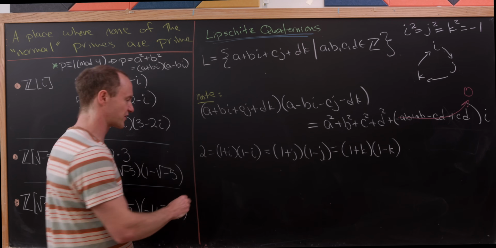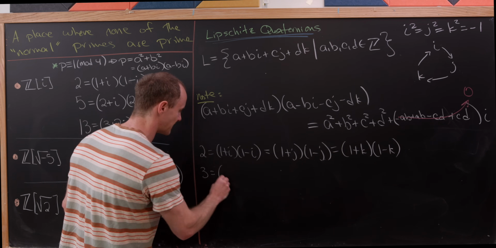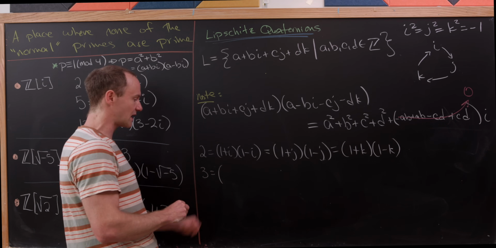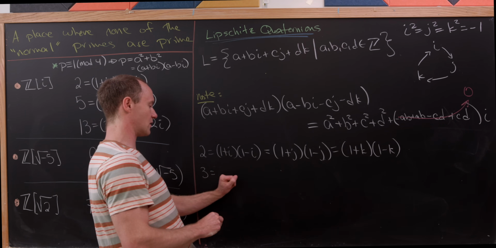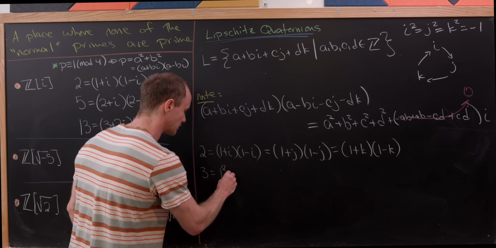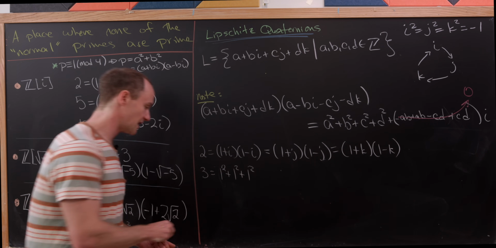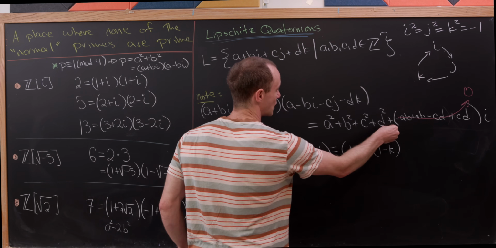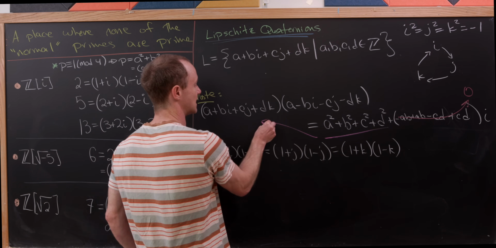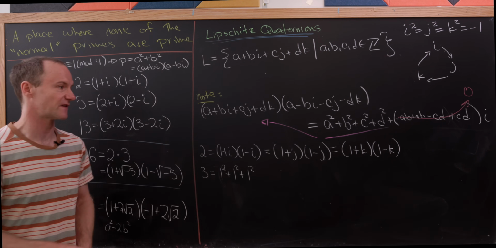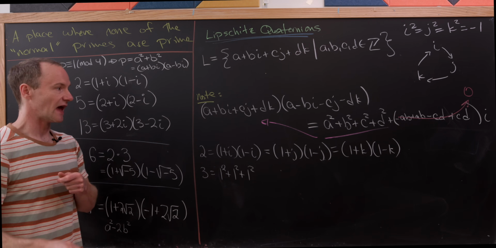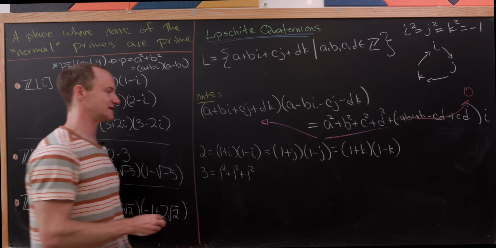Now, what about 3? So let's observe that we can factor 3 as, well, actually, let's write down this fact that 3 is equal to 1 squared plus 1 squared plus 1 squared. And then read this equation that we've just built in reverse to perform this factorization. So in other words, a, b, and c are 1 and d is 0.